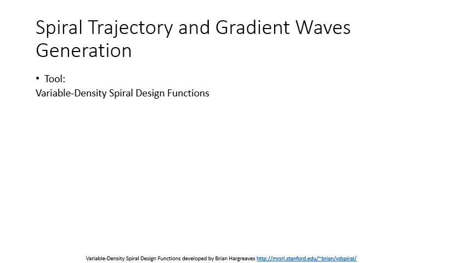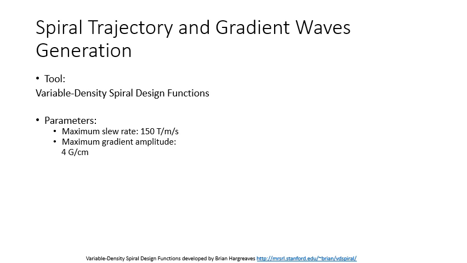To generate the spiral trajectory and its gradient waveforms, I used a variable density spiral design toolbox. And here are some parameters that I used. The maximum slew rate is 150 Tesla per meter per second, and the maximum gradient amplitude is 4 G per centimeter.